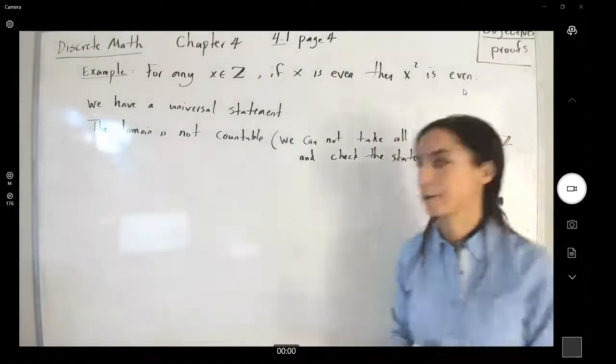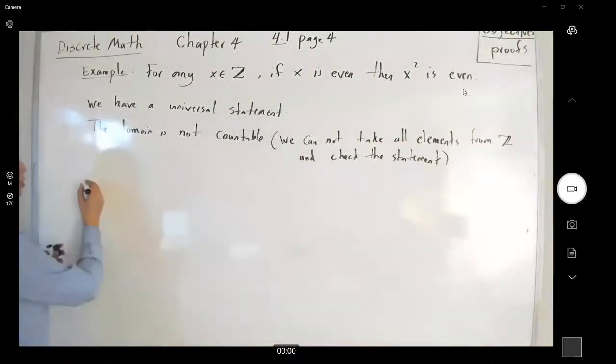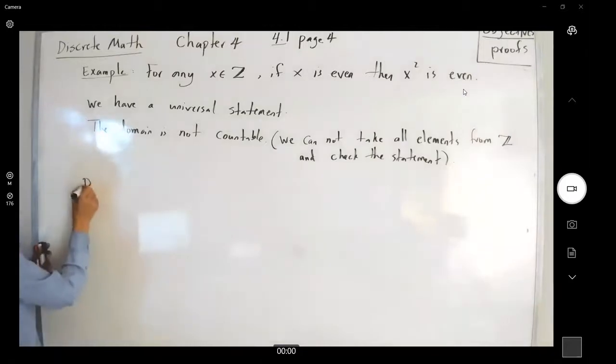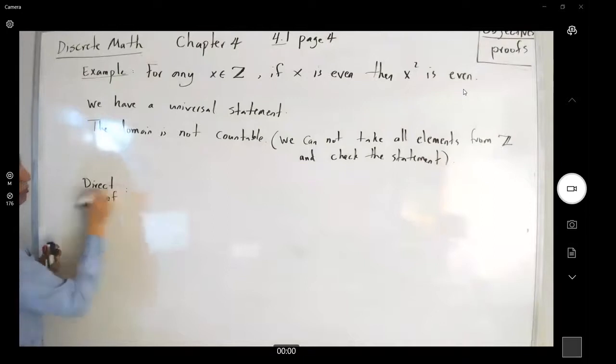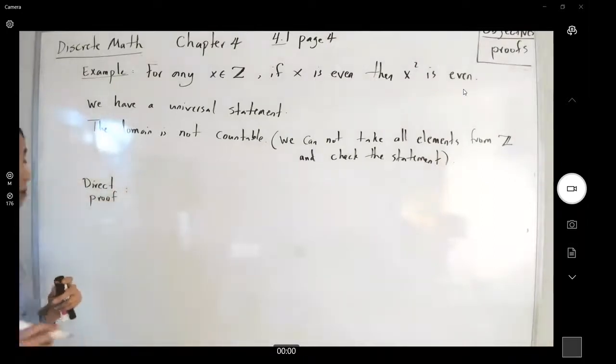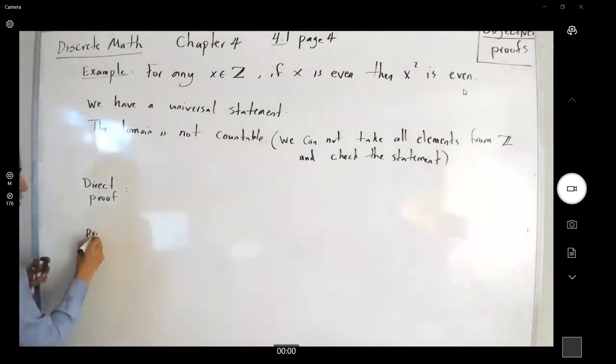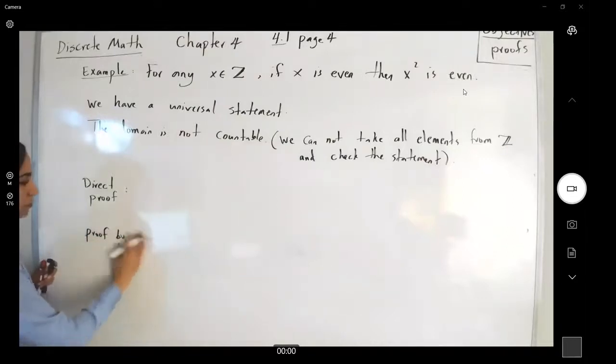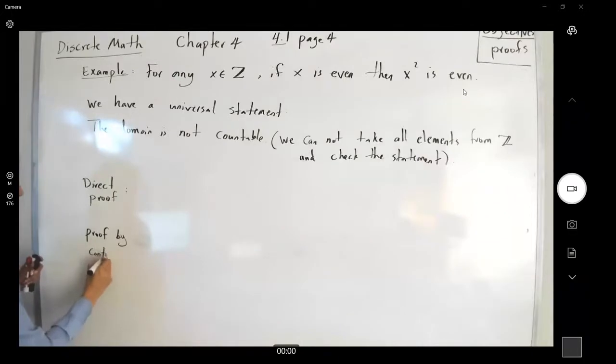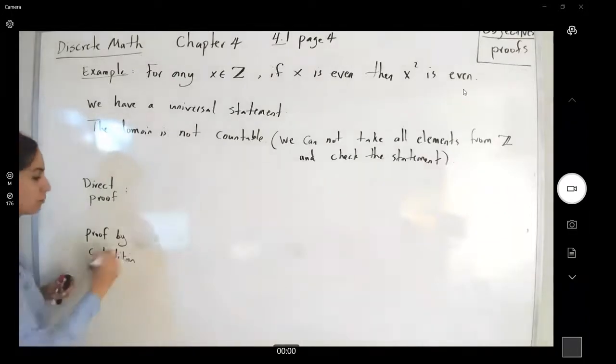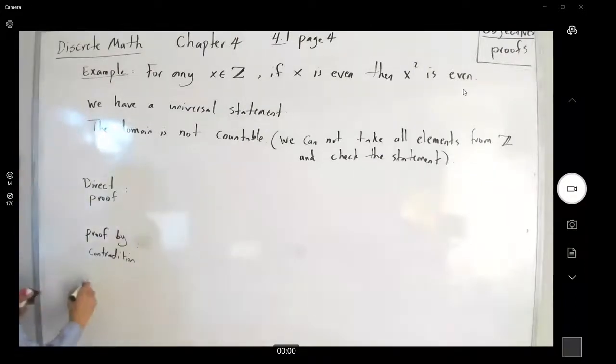So which method do you prefer? Do you prefer to use direct proof? Would you like to use proof by contradiction? Or would you like to use proof by contraposition?